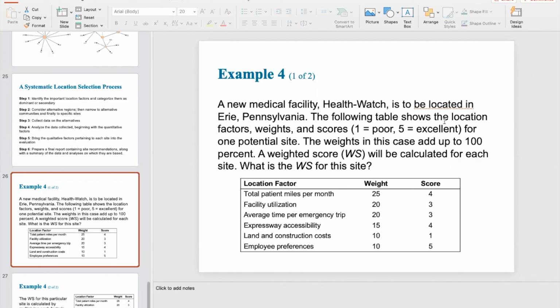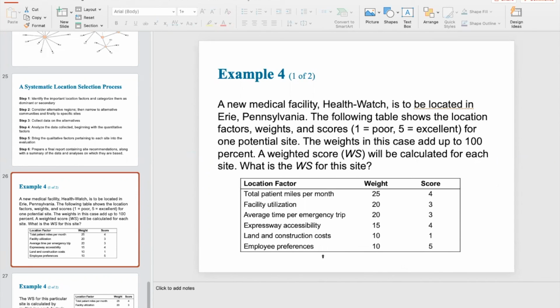The following table shows the location factors, the weight, and also the score. Here, within this table, I show the score for this specific site. But of course, we may have the score for every different site according to the corresponding factors. But here, what we're trying to ask is, what is the weighted average score for this specific site?